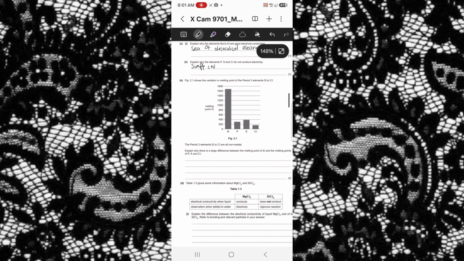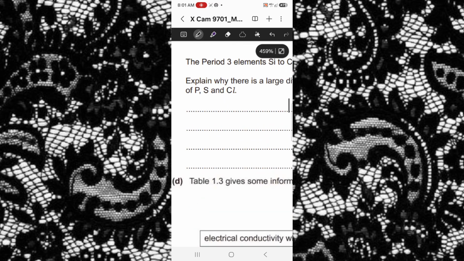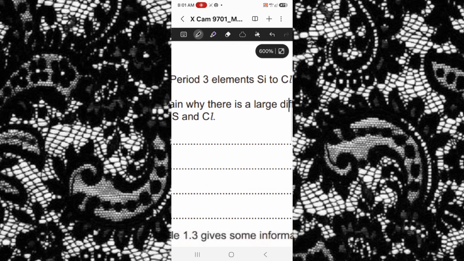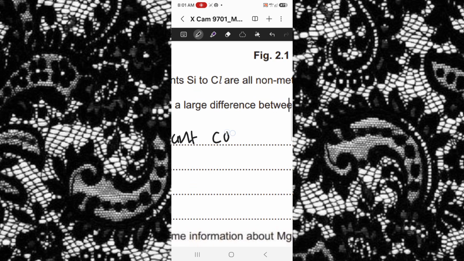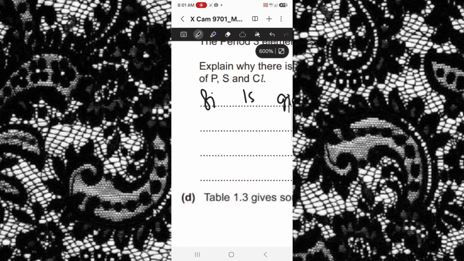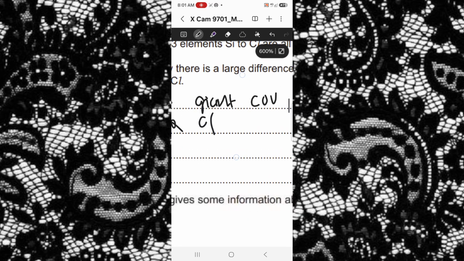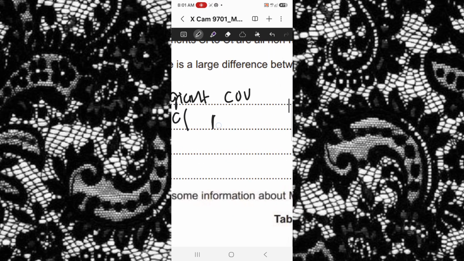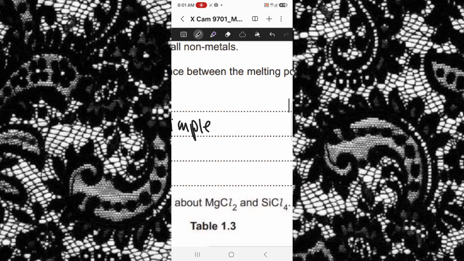Next, explain why there's a large difference between the melting point of Si and the melting points of P, S, and Cl. So, Si is giant covalent. Meanwhile, P, S, and Cl are not giant covalent, or we can say they are simple covalent.